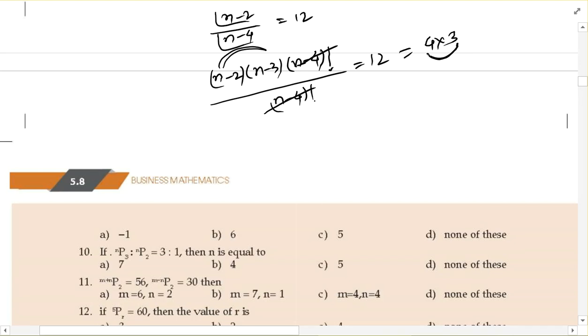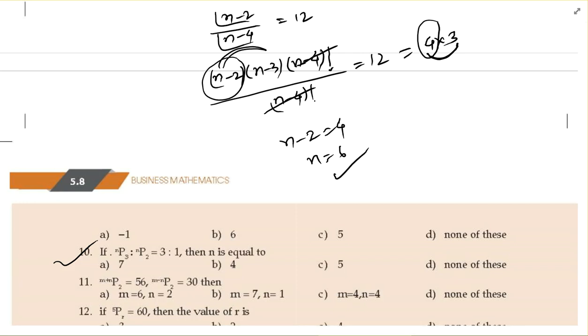This is a two consecutive integer pair. So the bigger one is 4, and here n minus 2, so n minus 2 is equal to 4, n is equal to 6. Done. This one also, nP3 by nP2 is equal to 3. Question number 10 you can also do in the same way. So these were a few basic questions.